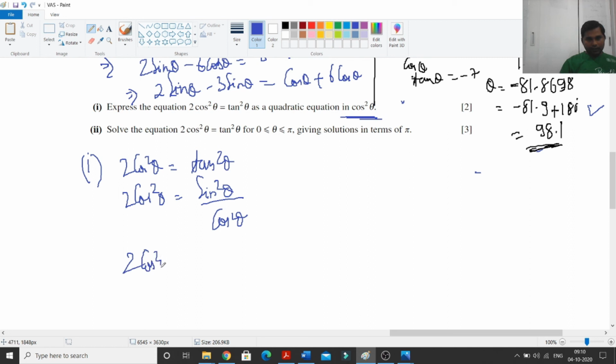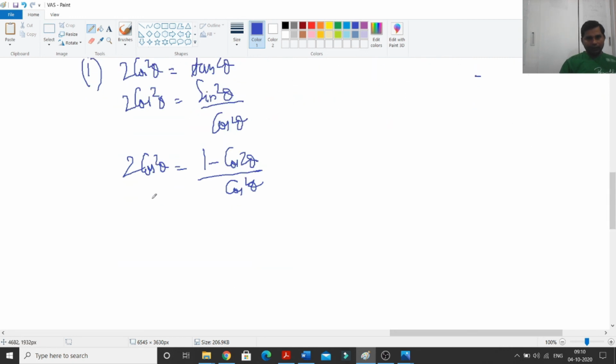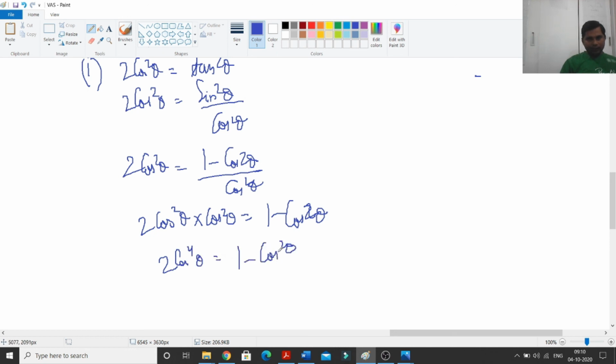So 2 cos square theta equals 1 minus cos square theta over cos square theta. Multiplying, we get 2 cos square theta times cos square theta equals 1 minus cos square theta.